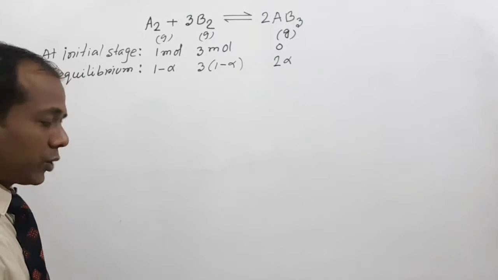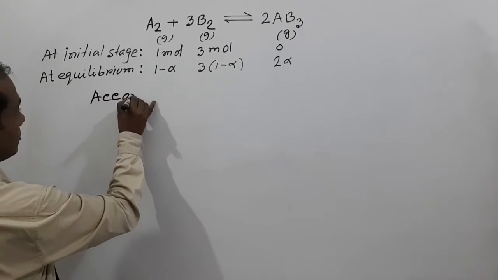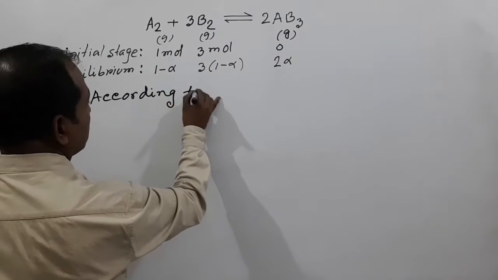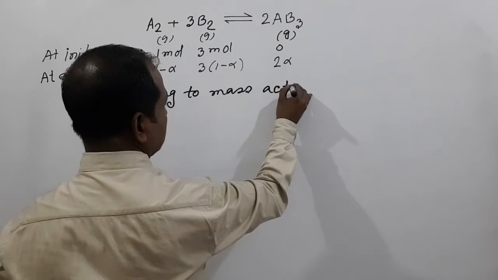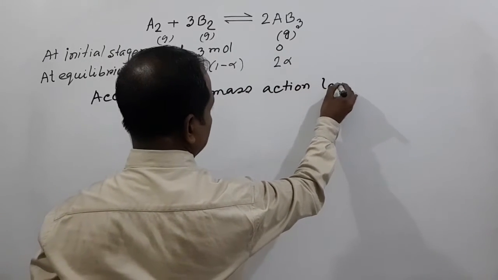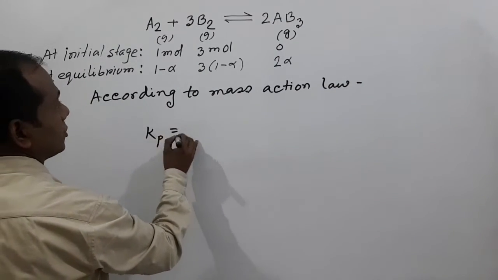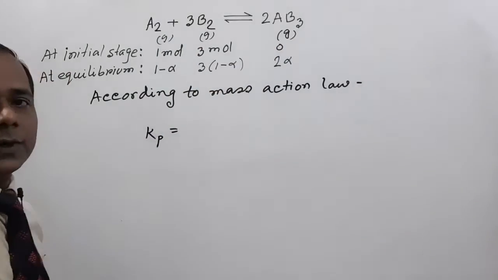Now, my dear students, according to the law of mass action, Kp equals partial pressure of product divided by partial pressure of reactants.